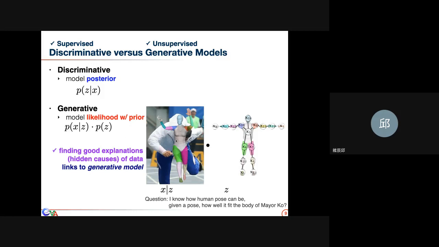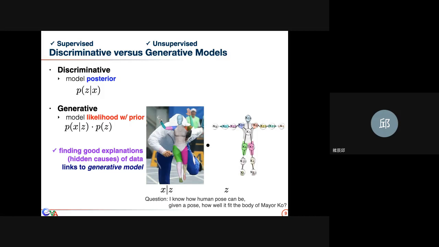And then what is the likelihood? Now suppose I have a guess of the human pose. For example, I guess that the human now is in this pose, running with the hands up.